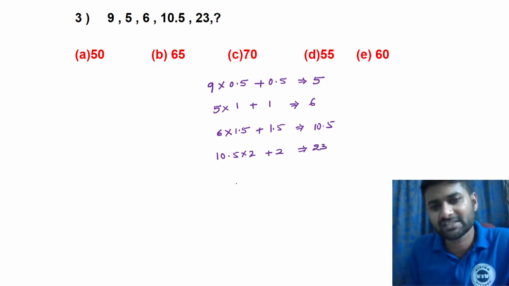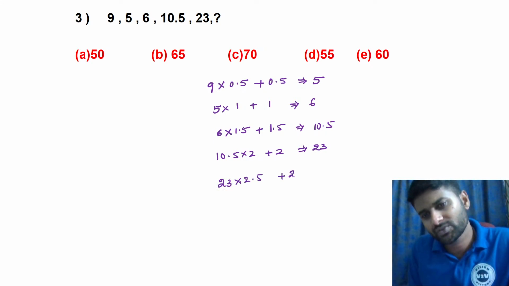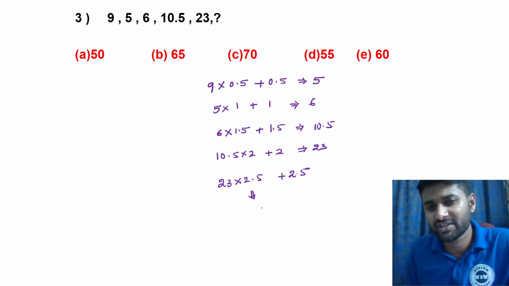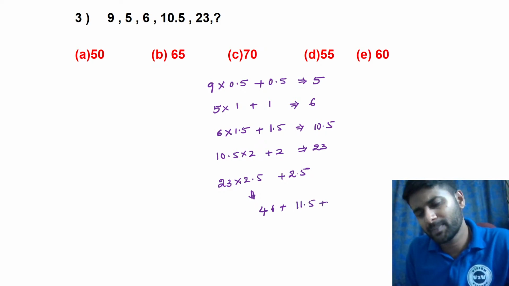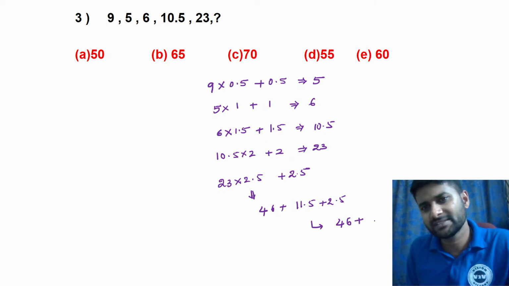So here the final answer: 23 is multiplied with 2.5 plus 2.5 is our result. Now see, 23 into 2.5 means 23 twos are 46, and half of 23 is exactly 11.5, plus 2.5. We get 46 plus, now here 11.5 and 2.5 is equal to 14 units.